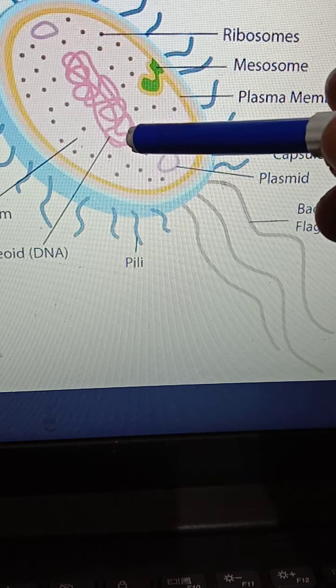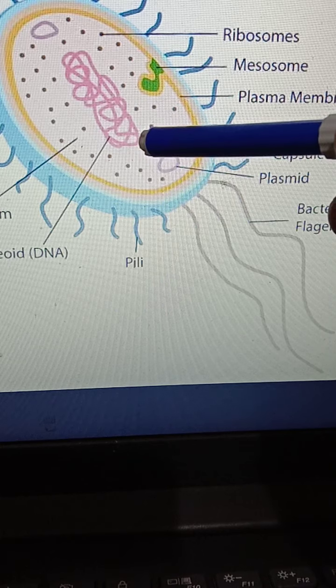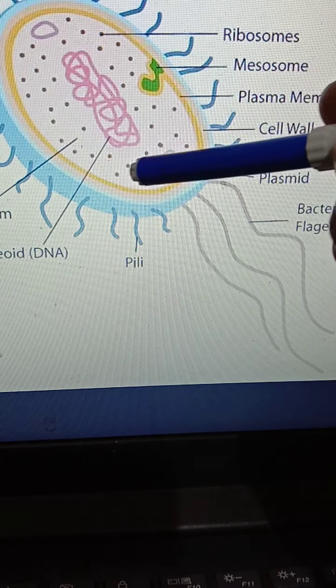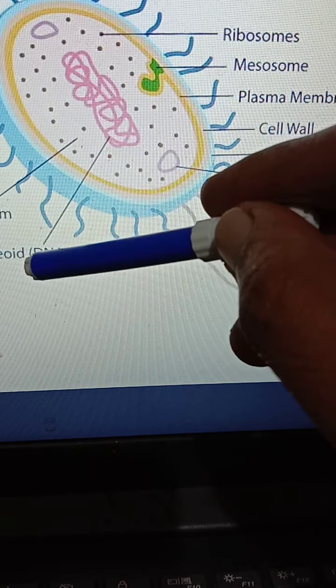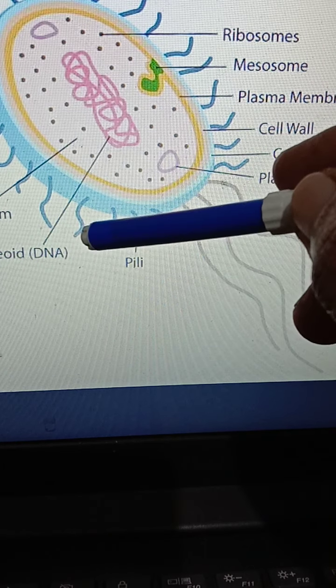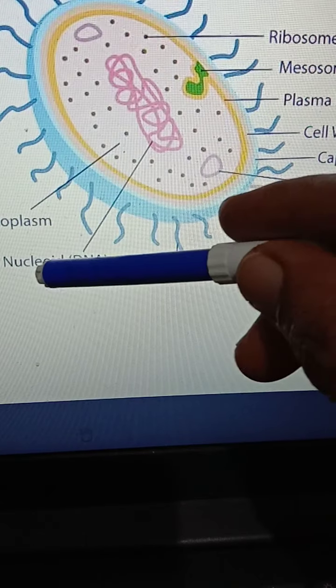In eukaryotes, the DNA is present as chromosomes in the nucleus. But here, there is no nucleus and no chromosome. The genetic material is present as naked DNA, which is also known as the nucleoid.